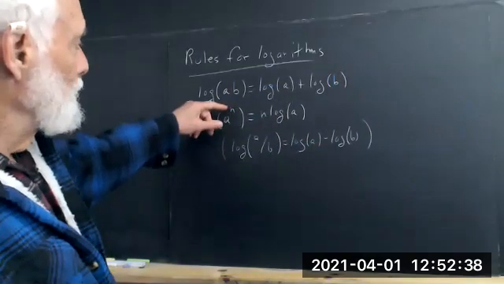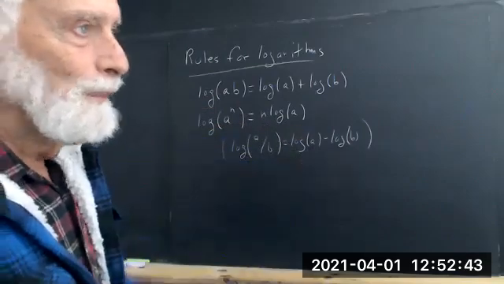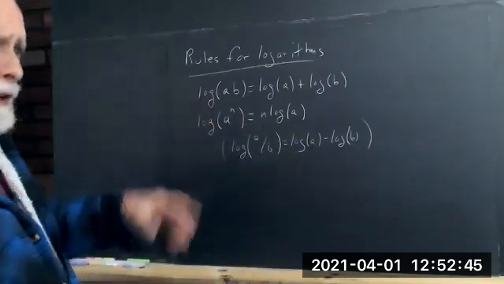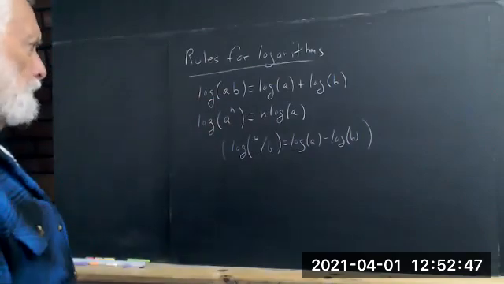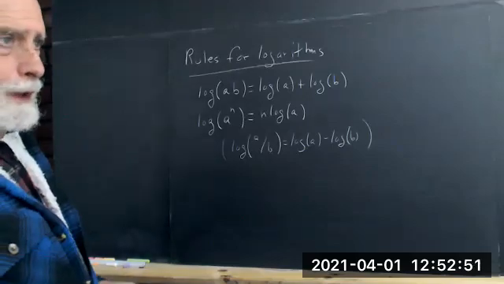But B raised to the -1 would be -1 times log B, so you get this. So it's worth understanding that and thinking about it just to get a better handle on the rules. But those are the rules, okay?